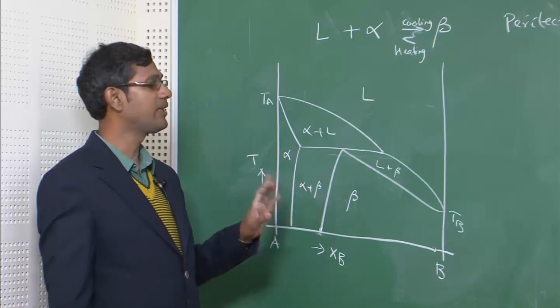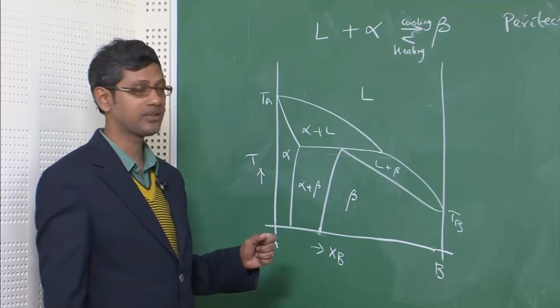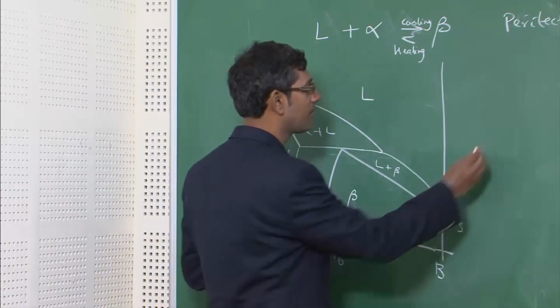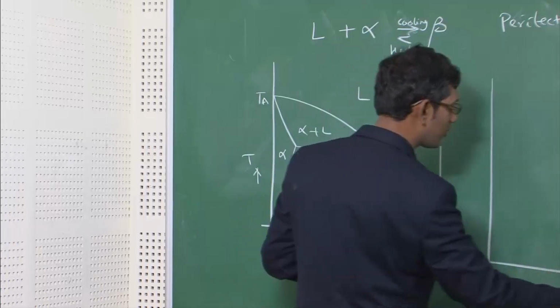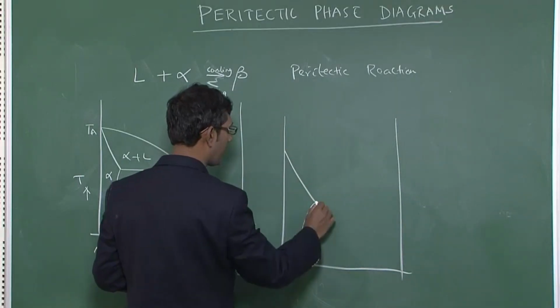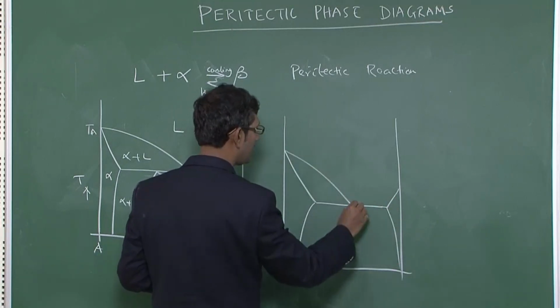In fact, this is not easy to draw. Sometimes students face difficulty in drawing the phase diagram. So for generalization I am just drawing the phase diagram of eutectic here, so that you can keep it here. This part remains the same, this part varies, and there is a dip in the center.